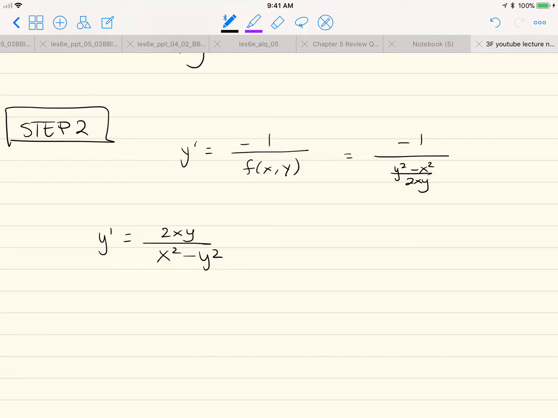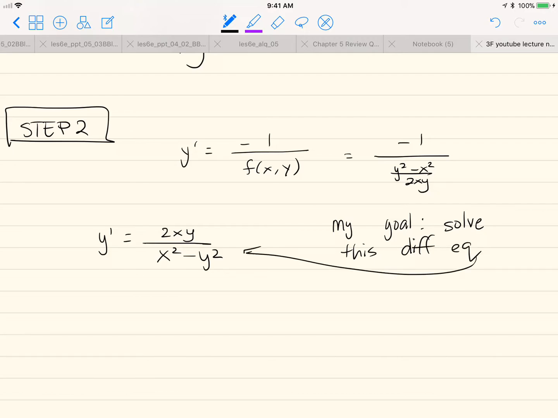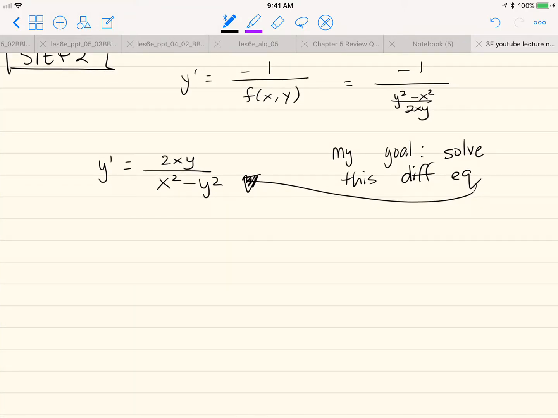So my goal now is to solve this diffy q. Guess what? This differential equation is homogeneous. So this diffy q is homogeneous.